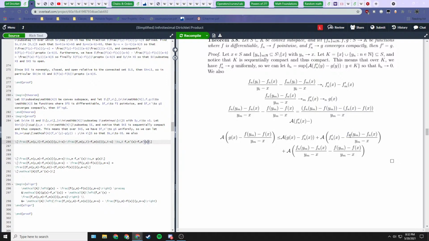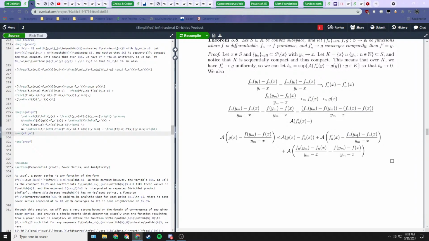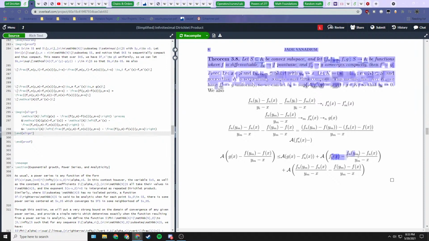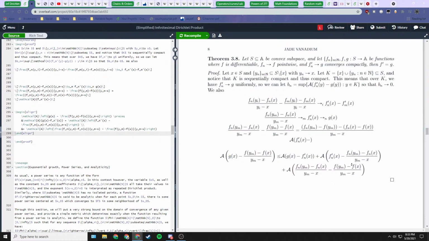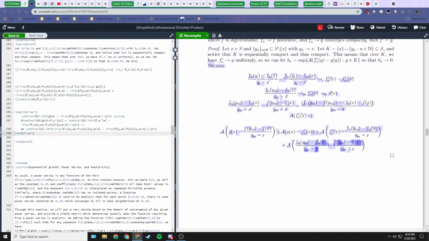All we need to show is that this term, for this third term, for each fixed m, as we take n to infinity, will zero out. The reason is that f_n of y_m will limit to f of y_m, and those will cancel.